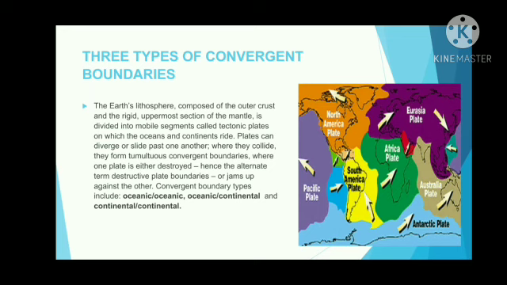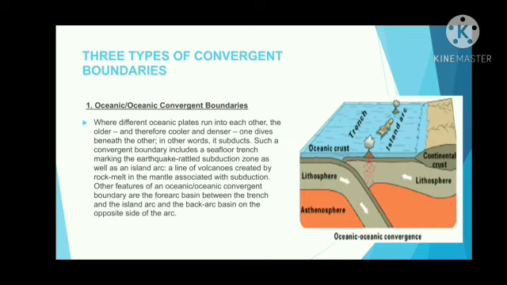So we have three types of convergent boundaries. The first one is the oceanic-oceanic convergent boundary, where different oceanic plates run into each other. The older, and therefore cooler and denser, one dives beneath the other; in other words, it subducts or sinks.